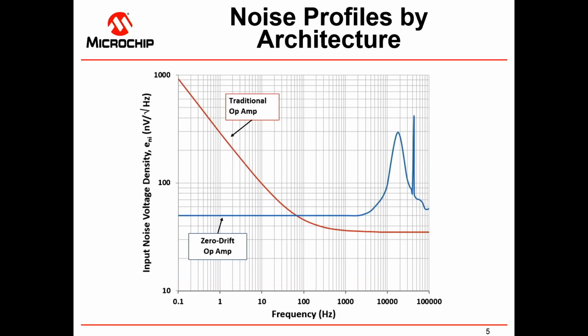Right. Okay. Now, if you switch briefly back to, thank you, the blue curve here is showing the zero drift amplifier. Now, it's immediately visible that it starts out flat and remains flat for quite a while, and then transitions into a hump and a peak. So again, that is the noise shaping effect that happens in the zero drift amplifier.